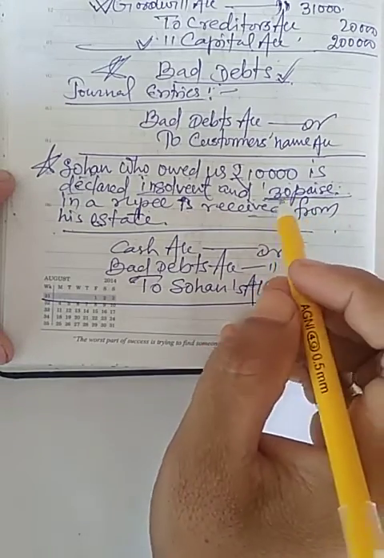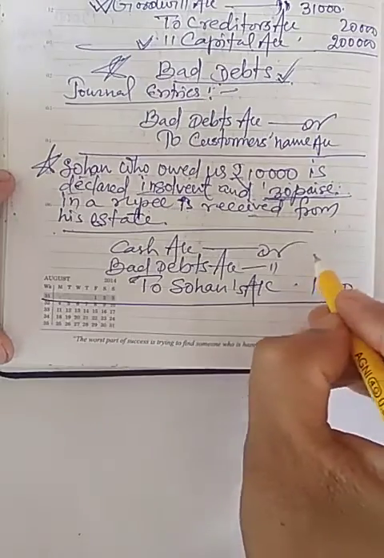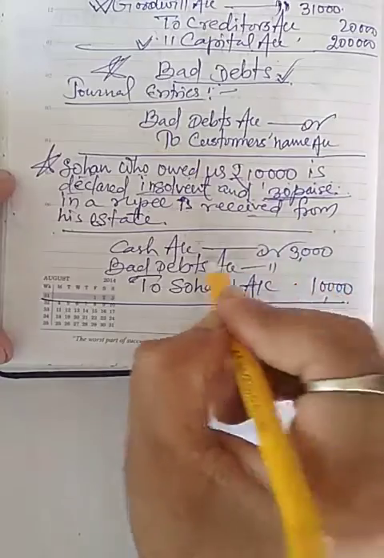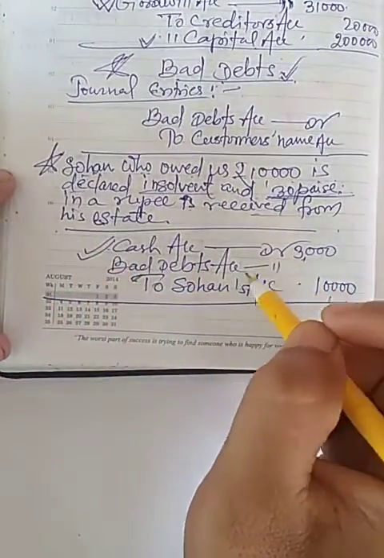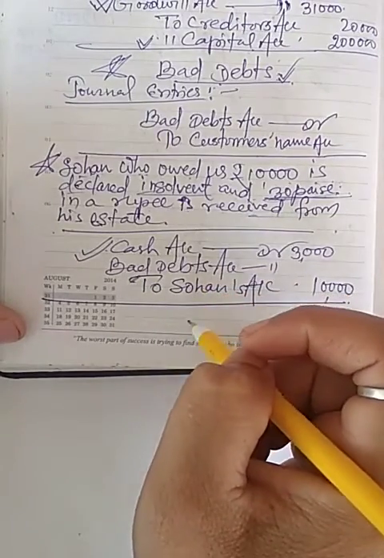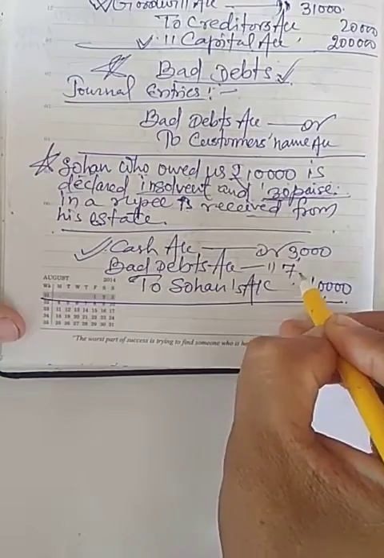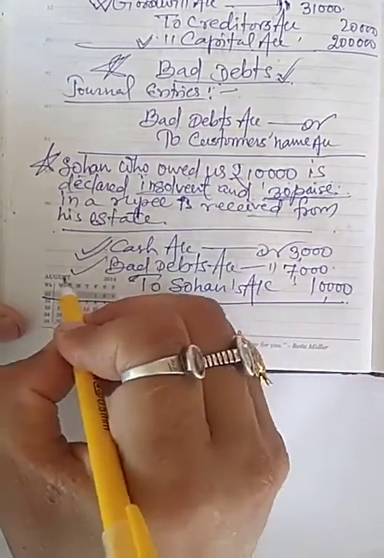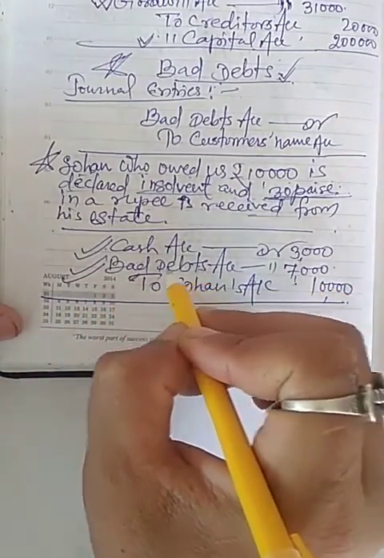So 30 paise means 30% of 10,000, and it will be 3,000. So cash is coming into the business 3,000 and the remaining balance will be bad debt, so it will be 7,000. And bad debt 7,000 is our loss.